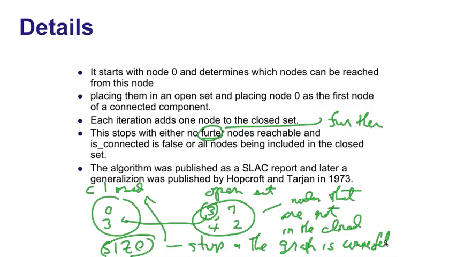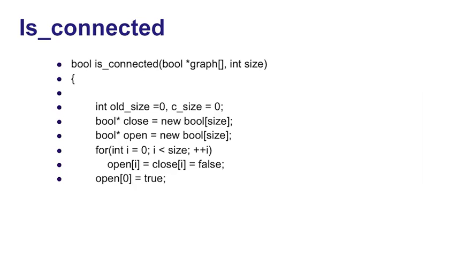We go back and we have our matrix representation of the graph. We have it as a Boolean matrix representation. We have the size of the graph. And we're going to keep track of closed and open.